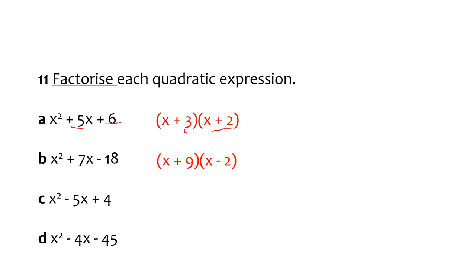Just like if we look at this one, let's look for two terms that when you multiply them, they give you minus 18, and when you add them, they give you 7. There are many pairs that give you 18, like 18 times minus 1 gives you minus 18, or minus 6 times 3, or 6 times minus 3.